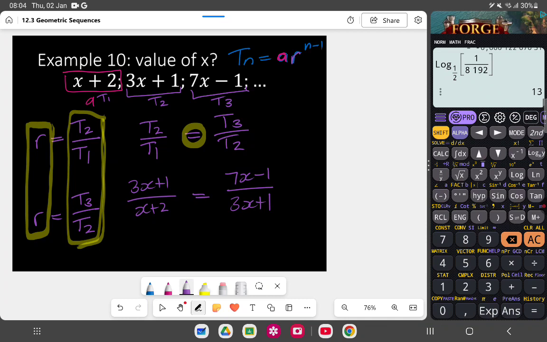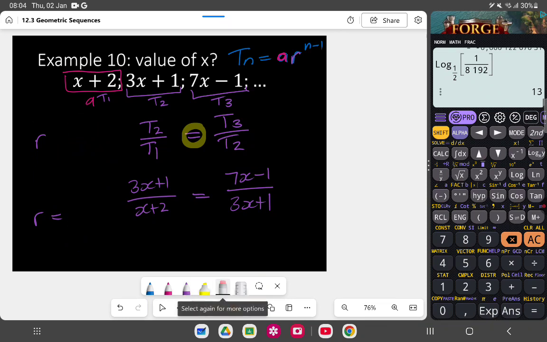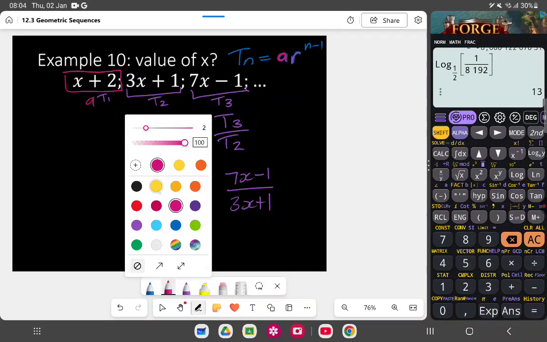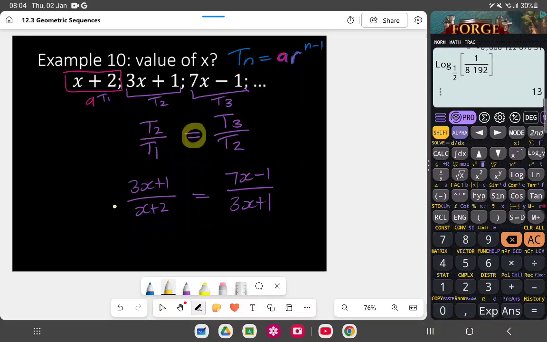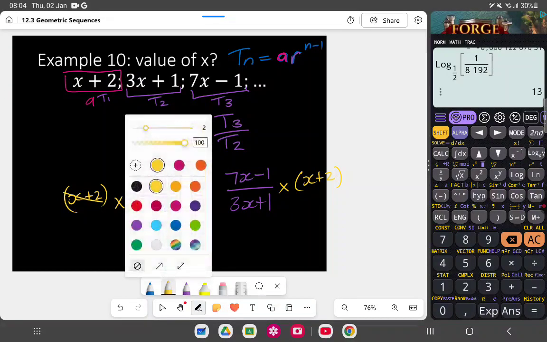So what am I going to do? I want to get rid of my denominators. Okay, so what I want to do is, let's go, yellow pen. We are going to multiply. I'm going to multiply by x plus 2 because I want to cancel this, and I'm going to multiply by x plus 2 on the other side. And then I want to get rid of the denominator on the right hand side as well.